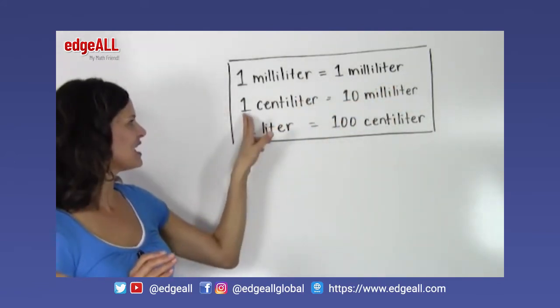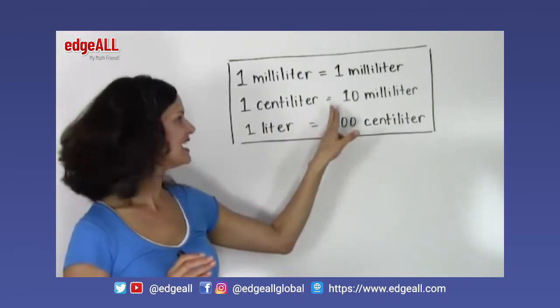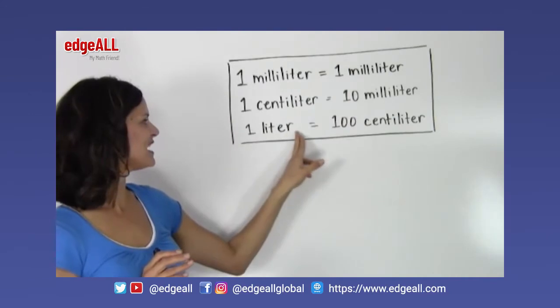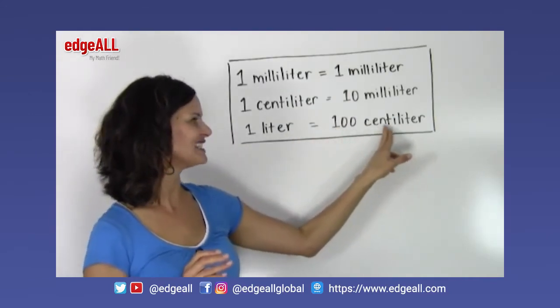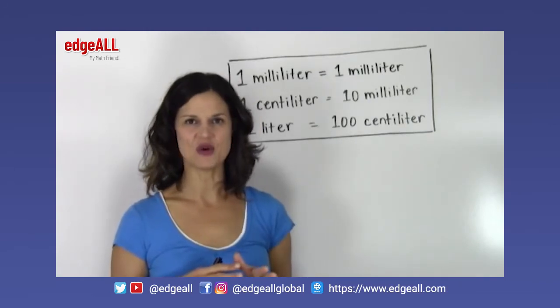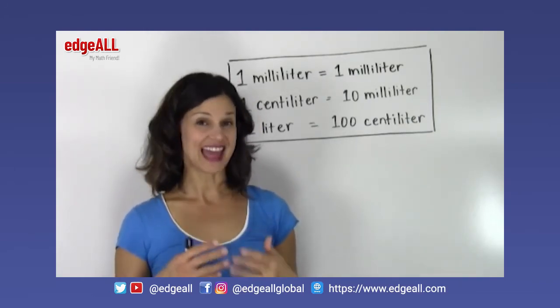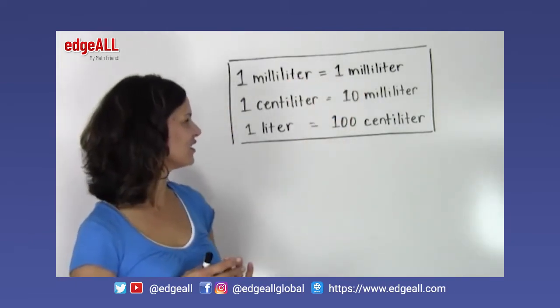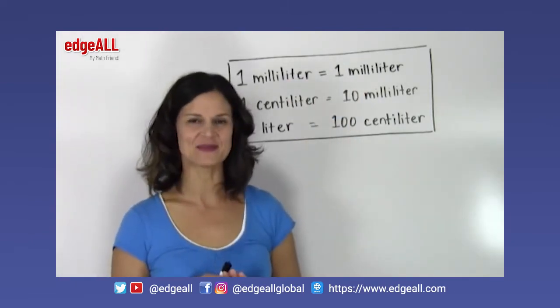And then same thing here, 1 centimeter is equal to 10 millimeters. And 1 meter equal to 100 centimeters. So you can substitute the words in if you are measuring either length or mass into where you have liters here for volume or capacity.